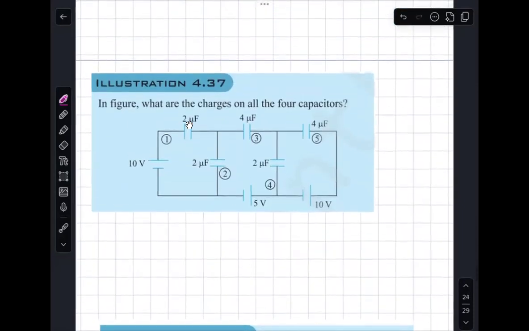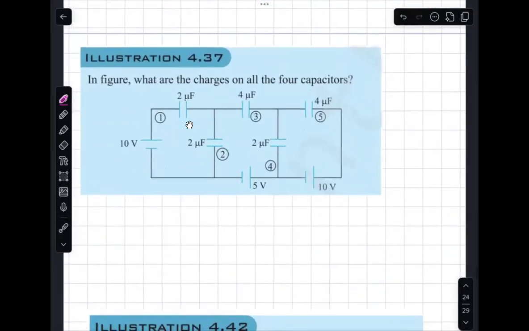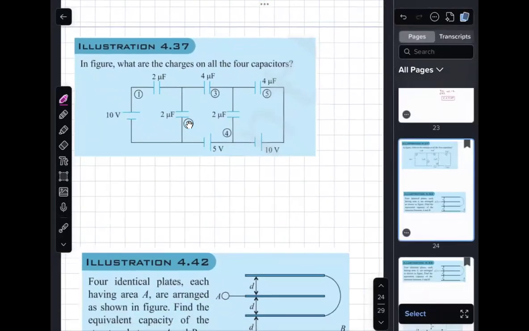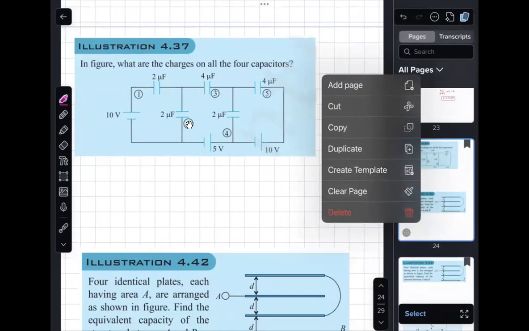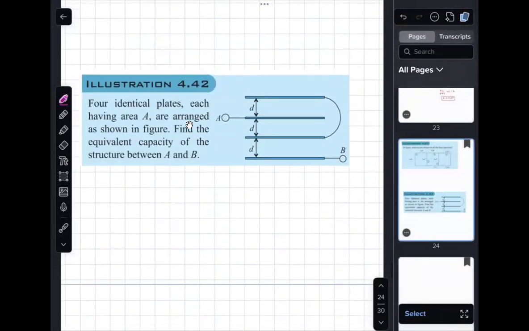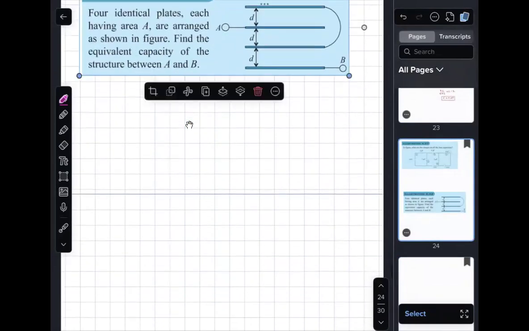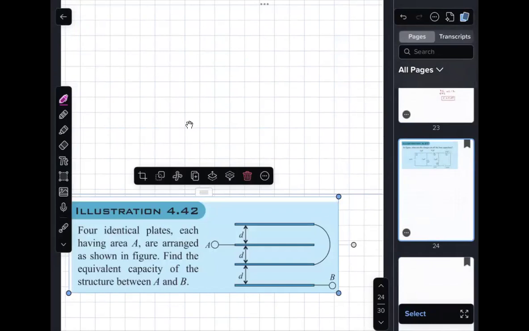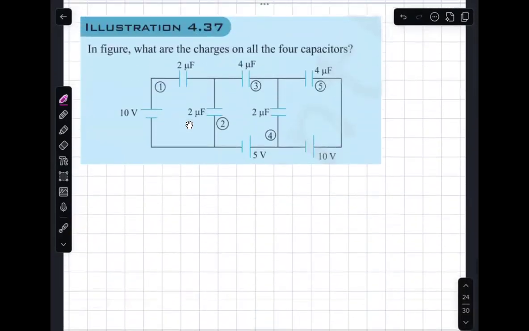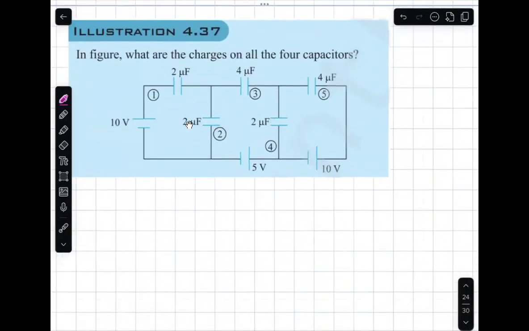Now, try this. Yes. Try this question. So you need to do this model by which method?